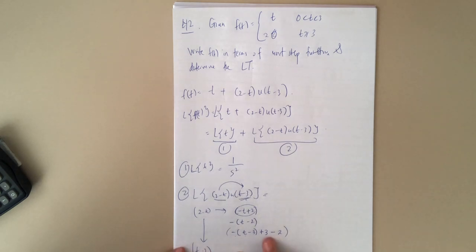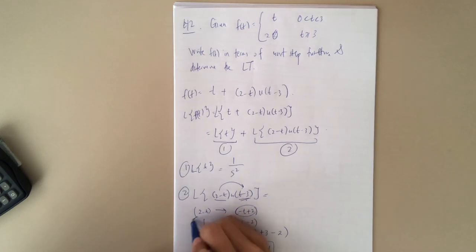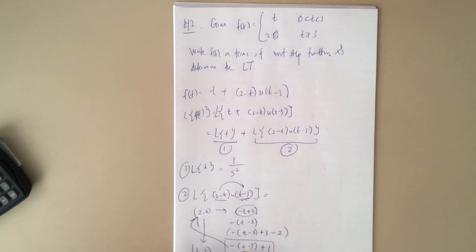Before that, I will simplify this one first. It becomes negative (t minus 3) plus 1. Negative 3 minus 2 is... so now this is my final answer. Now I want to check whether this gives back my original question, 2 minus t, because I already get t minus 3.